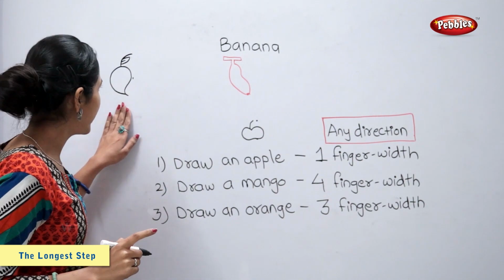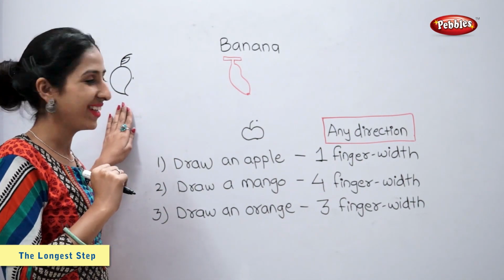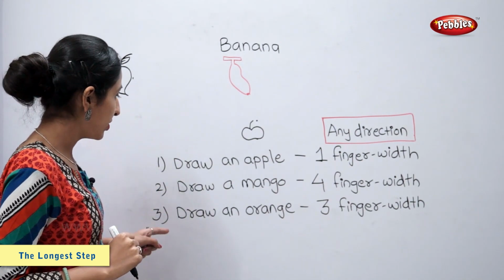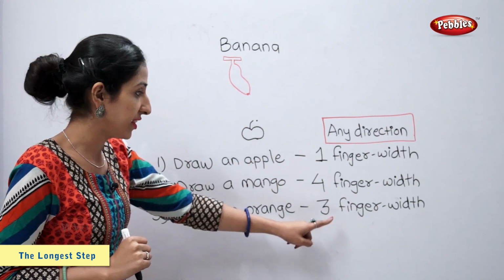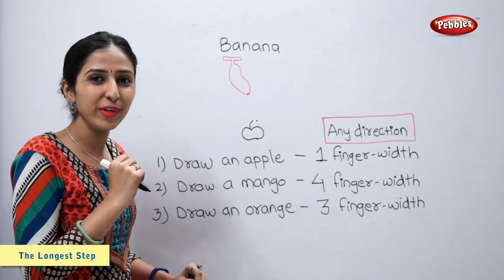Mango at a distance of 4-finger width. Now let's draw an orange at a distance of 3-finger width.